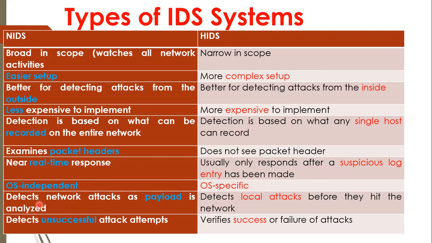In NIDS, for a network attack, it will observe the payload to identify whether it is an intrusion or not. But HIDS takes local attacks; it observes the local attacks and what is trying to attack the host, and only then will it identify that as an intrusion. NIDS will identify unsuccessful attack attempts also, but in HIDS, it's not possible.